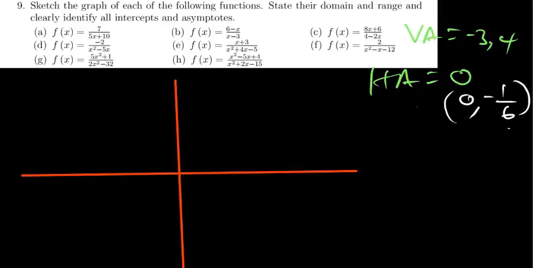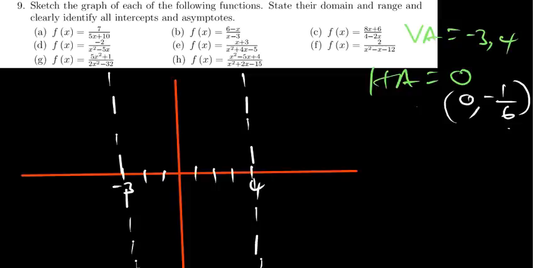My vertical asymptotes are at negative 3 and 4. So let's say this is negative 1, negative 2, 1, 2, 3. Then we have to put this again here.